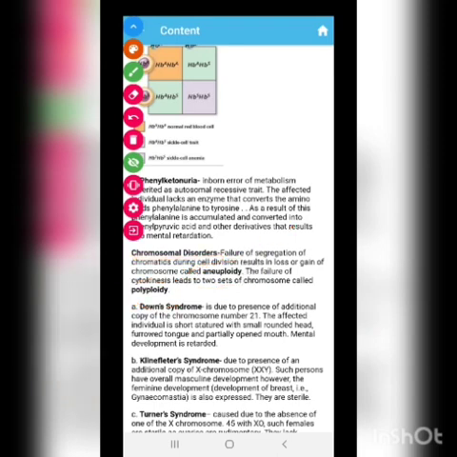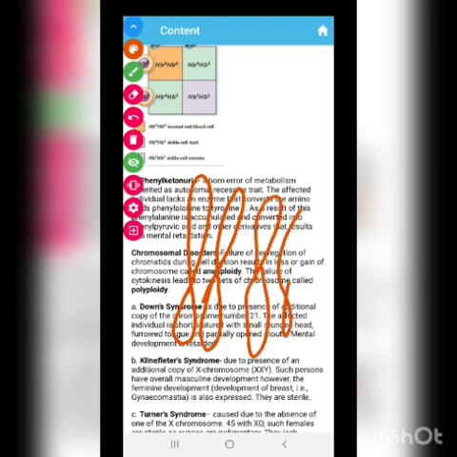So I tell you first, if there is failure of segregation of chromatids during the cell division, if you remember the class 11th cell cycle, there was a segment in which one single chromosome makes its own copy, and the second chromosome also makes its own copy.